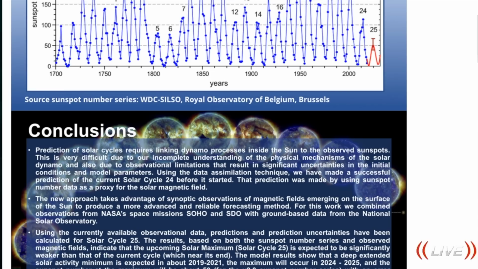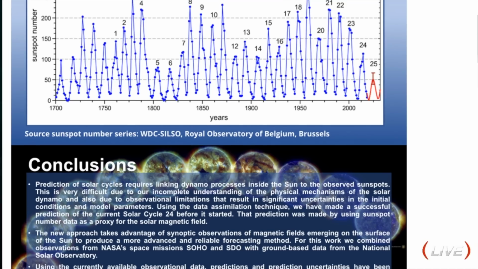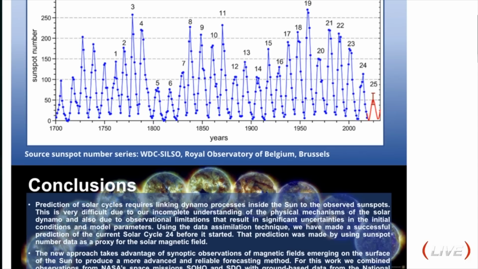The normal is actually closer to cycles 22 and 21, around 180 to 200. But we are well below that, folks.